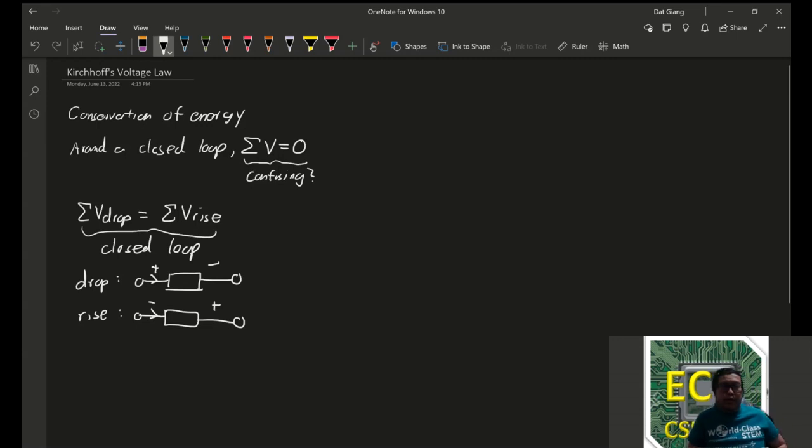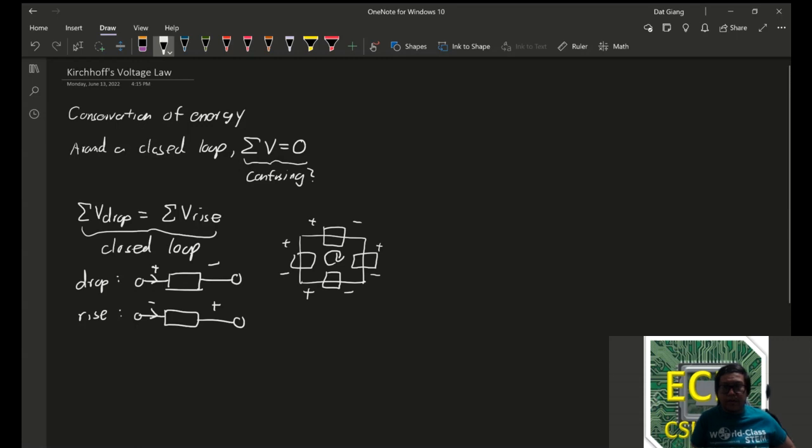So Kirchhoff's voltage law states that if we had some kind of closed loop, and let's say it consisted of elements here, if we were to draw a singular closed loop around this, maybe assign some polarities if they're not given, then the sum of all voltage drops should be equal to the sum of all voltage rises.